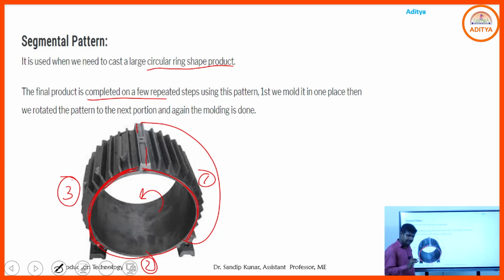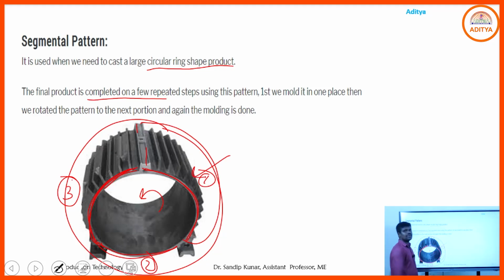After preparing that shape, we rotate the spindle again and prepare the shape in the next position. All three sides are symmetrical, so we produce that type of shape. After preparing the mold cavity, we pour the molten metal, and the final product is produced.